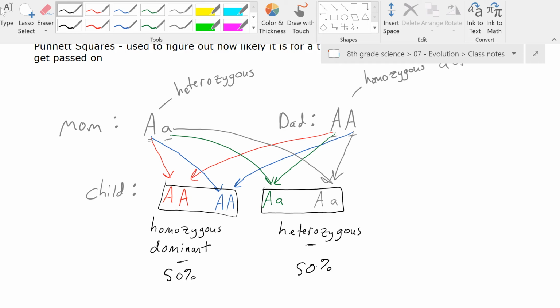Now, if this is a trait where all it takes is one big A to show the phenotype that's associated with having a big A, then this kid always gets at least one big A. This kid will always show the dominant phenotype.